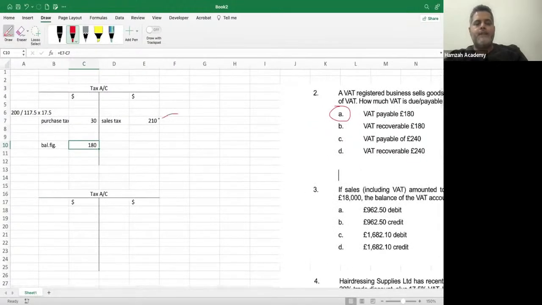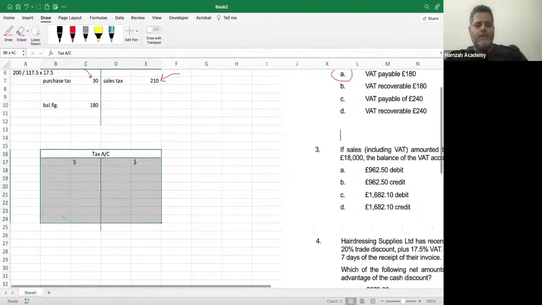Because this is the amount of tax that we have charged on the sales, and this is the amount of tax that we have paid on our purchases, right? So we have charged more and we have paid only 30 in tax. So the extra, which is still payable back to the government, is 180 over here, right? Okay.